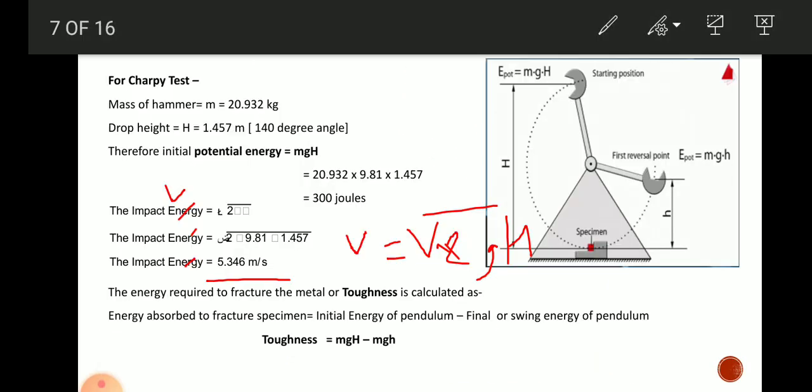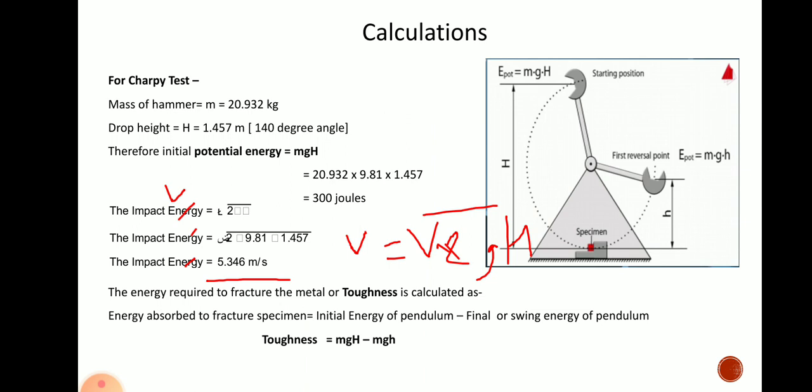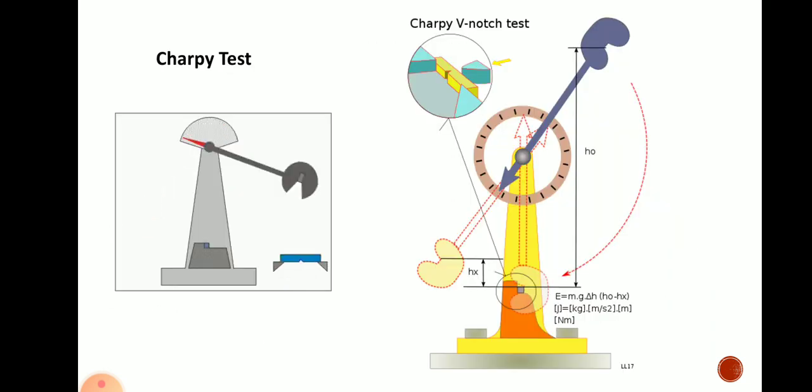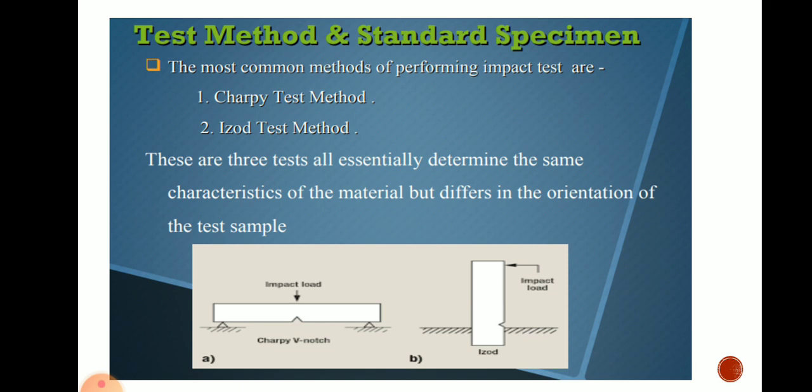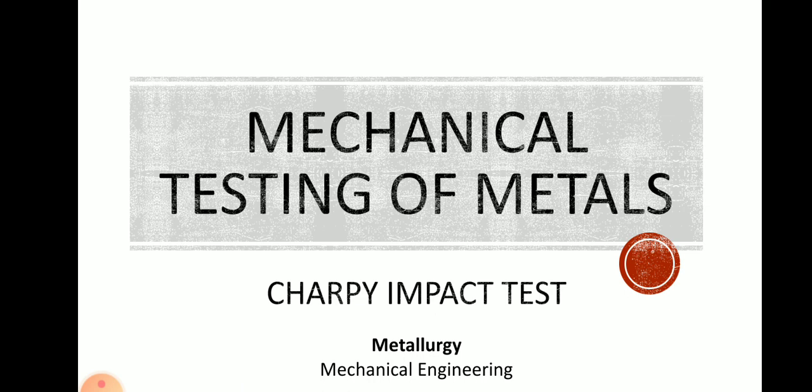In the calculation, the mass of the hammer is 20.932 kg and the drop height is 1.457 meter, so that you get the initial potential energy and the impact velocity. After that you get the toughness with these calculations. So this is regarding the Charpy impact test, finding the impact velocity and toughness of the material. In the next video we will see the Izod test.